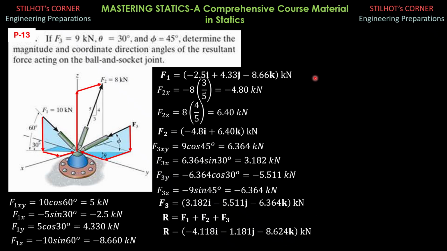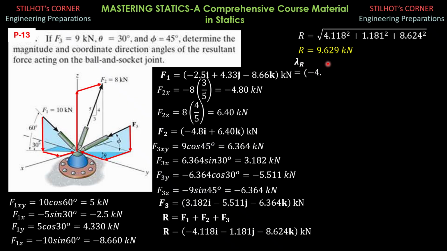So the magnitude of R is the square root of 4.118 squared plus 1.181 squared plus 8.624 squared, and that is equal to 9.629 kilonewtons. So that's the magnitude of R. Then for the direction angles, we have to express this R as a unit vector by dividing by 9.629.